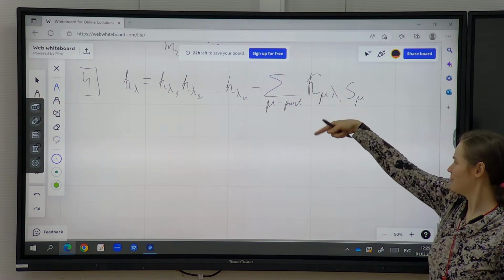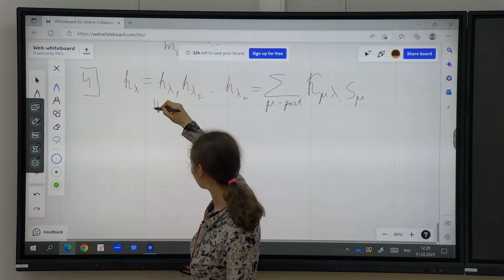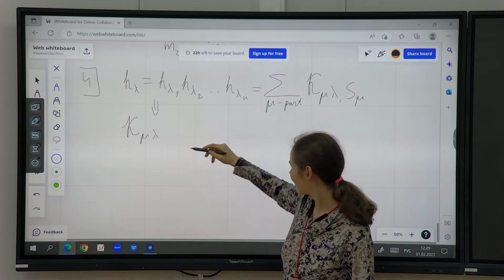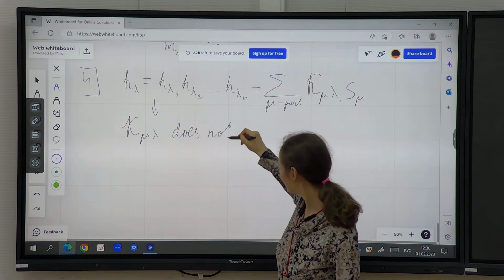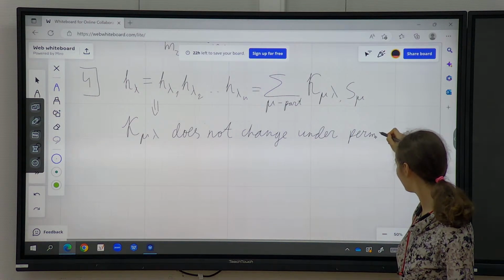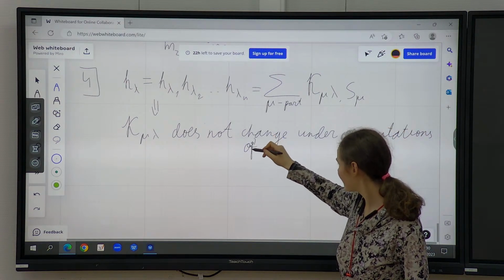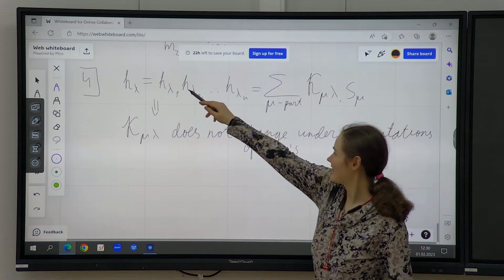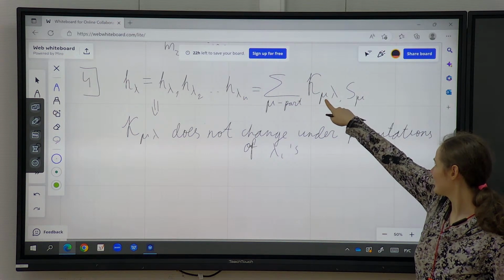If we prove this formula, from this we can deduce that K mu lambda does not change if we permute parts of lambda, because the product does not change under permutation of lambdas, so these coefficients also should not change.